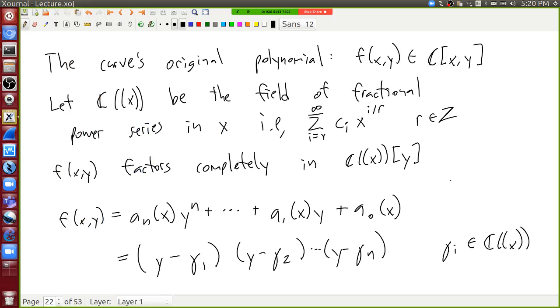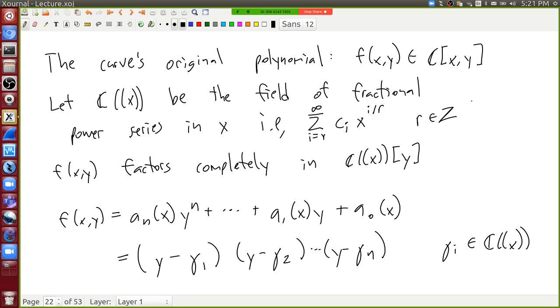So now I want to take our polynomial and think about it in terms of an algebraic extension. The curve is irreducible, the polynomial is irreducible, but if I extend into the field of fractional power series, I can treat this as a formal algebraic extension to get factorization.